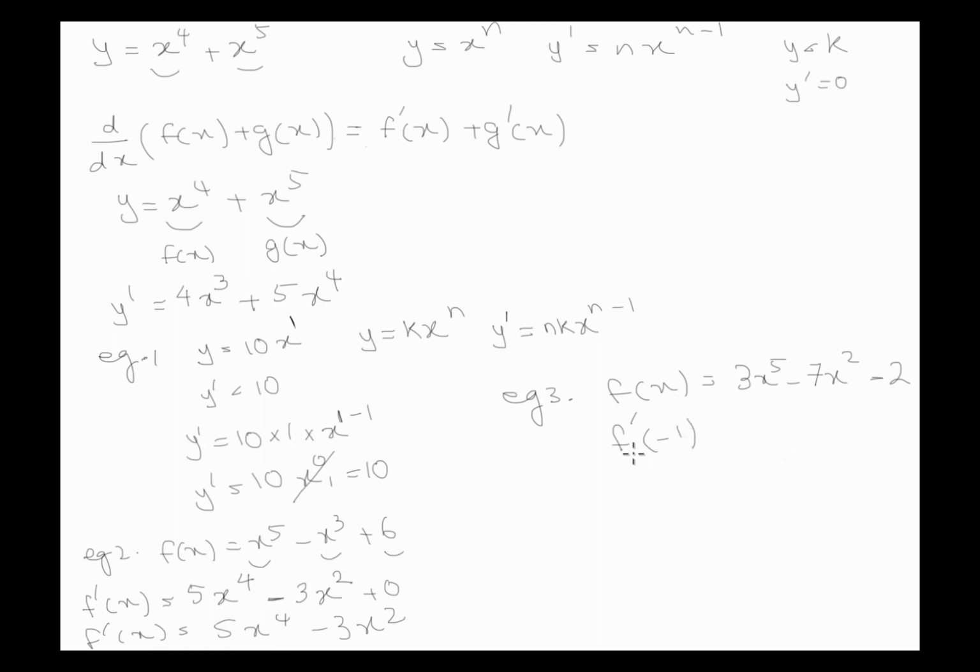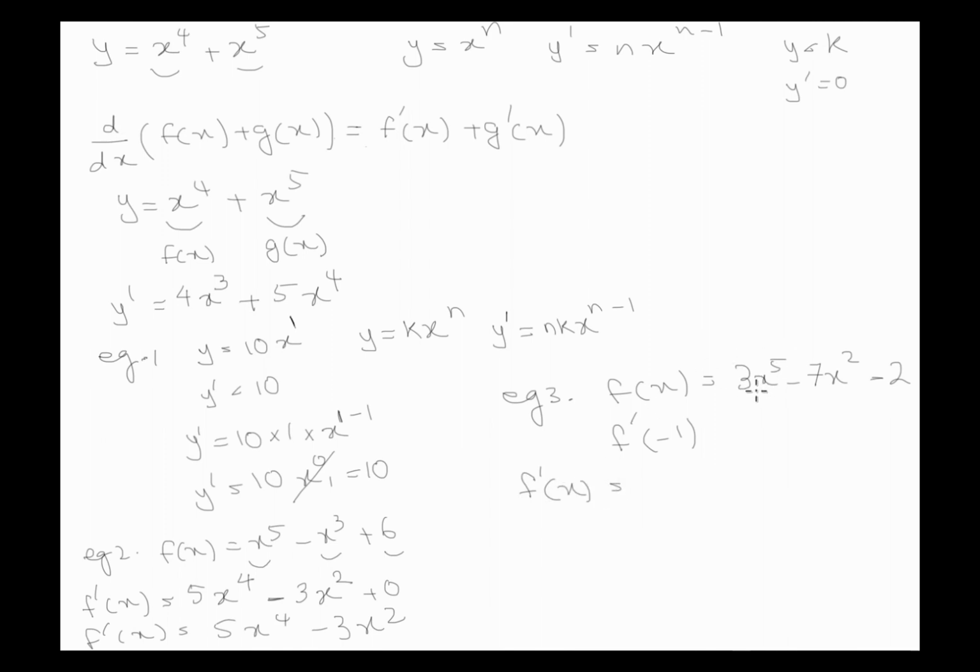This question is asking me to find out what the gradient is at the point x equals minus 1. To do that, the first thing I need to do is find the general derivative formula of this. So let's do that now. We need to find out what f dash of x is first.